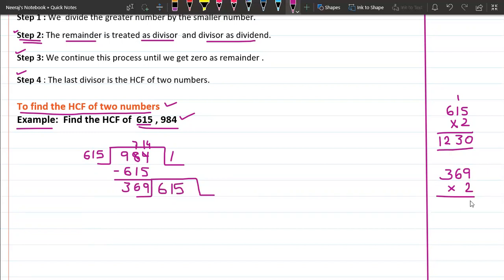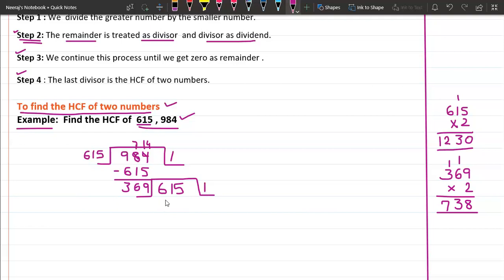So 2 nines are 18, 2 sixes are 12, and 1 plus 12 is 13, and 2 threes are 6 plus 1 is 7. Look at this children. After multiplying 369 by 2, you are getting 738, right? And whenever you check against the dividend, it is coming bigger. So better to divide by 1.